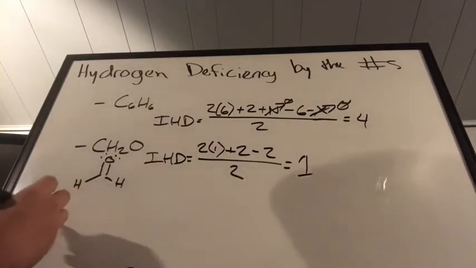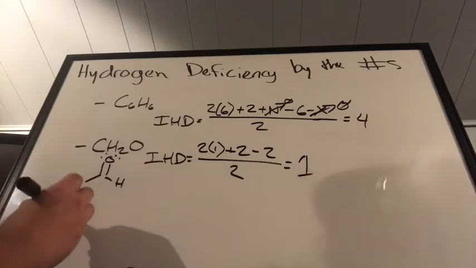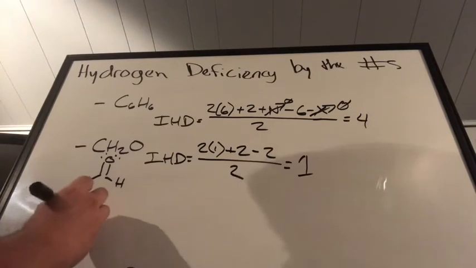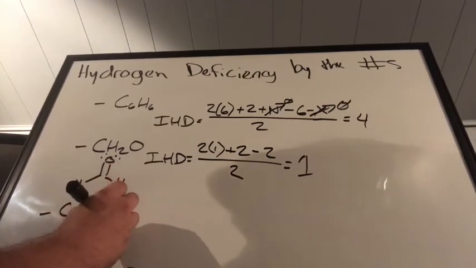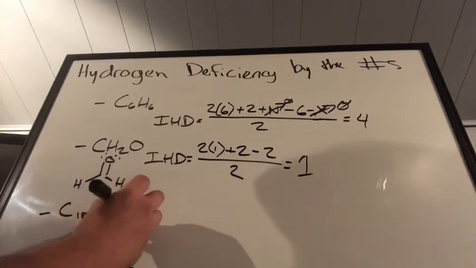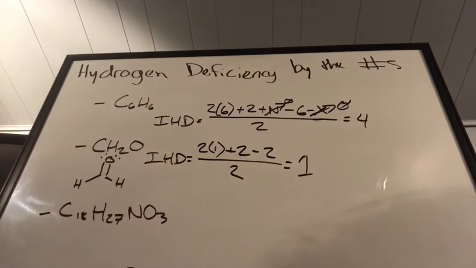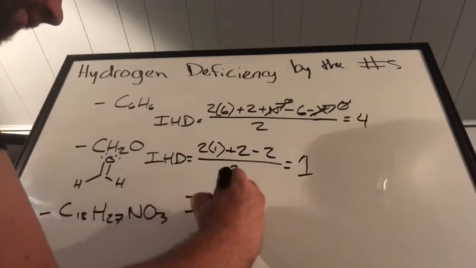Okay? Now let's really go for the Olympic gold here and do capsaicin. So if you're a fan of spicy food, this is what you're ingesting. Okay, so we have C18H27NO3. Plugging that into IHD here for your calculation.